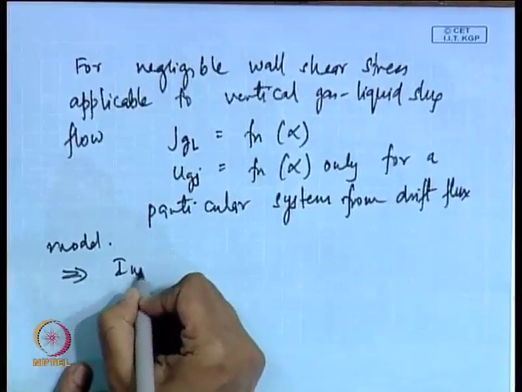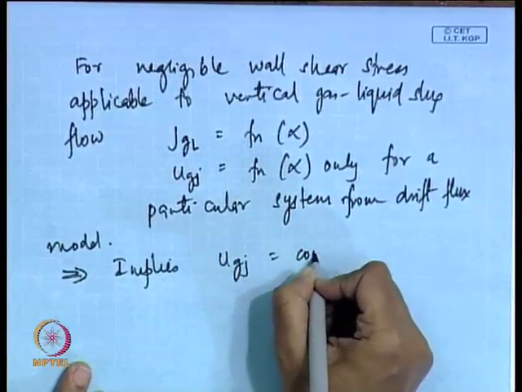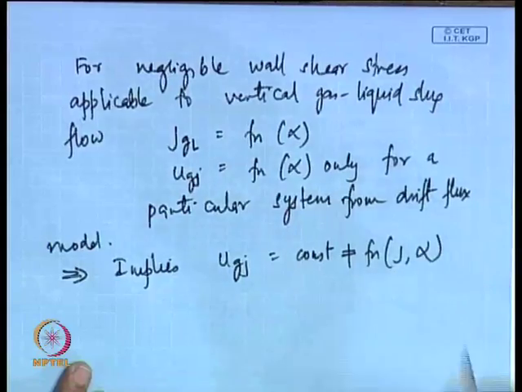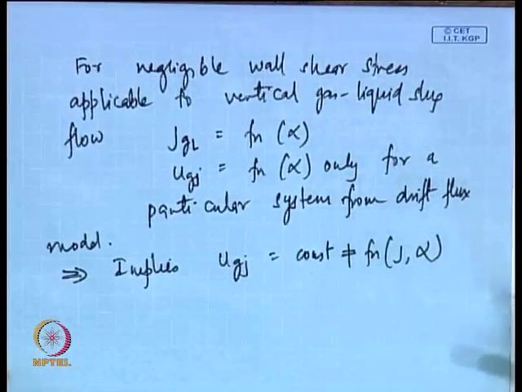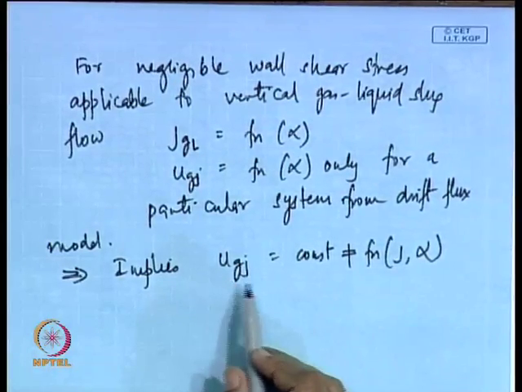Since the slug flow model and the drift flux model contradict each other, from these two it simply implies that UGJ equals a constant. It is not a function of either J or alpha. Only under that condition can the entire thing be applicable. Do you agree with me? So, once you can find out UGJ, then we can proceed.